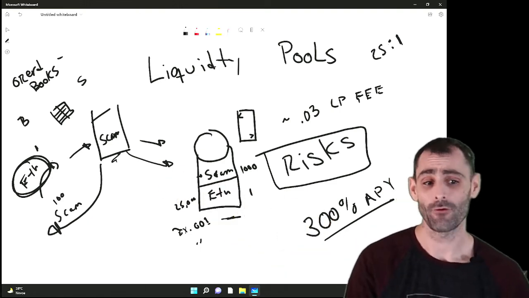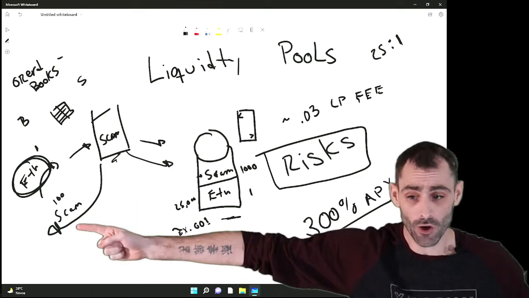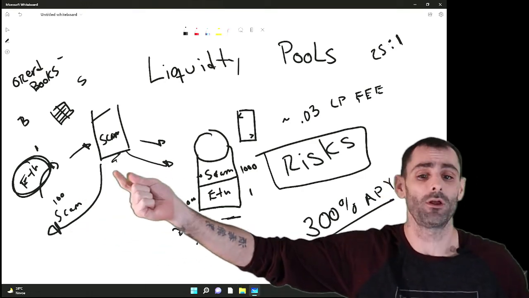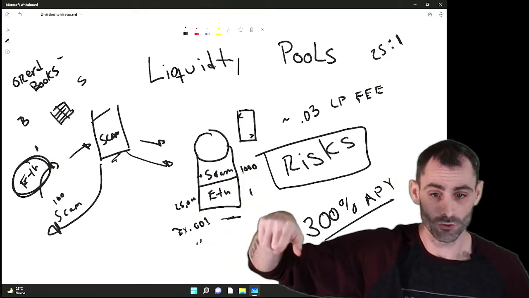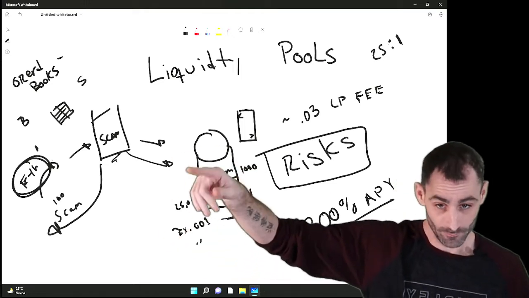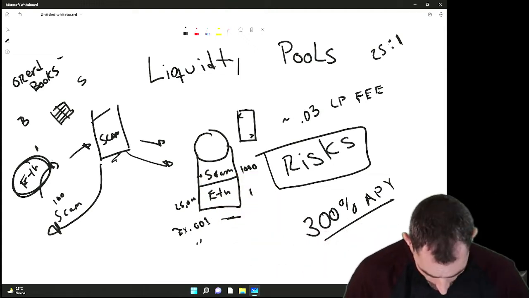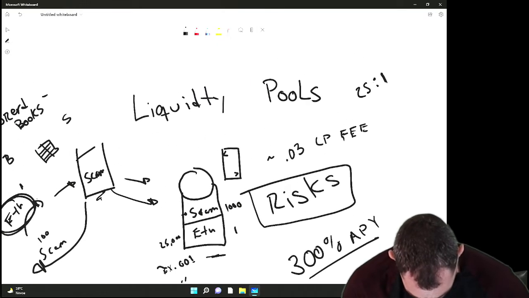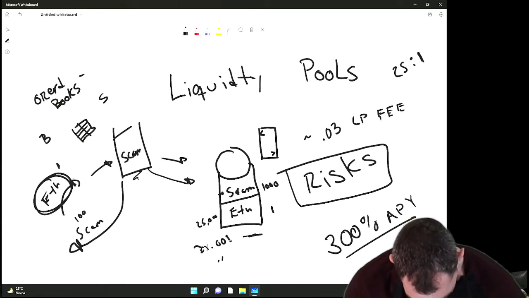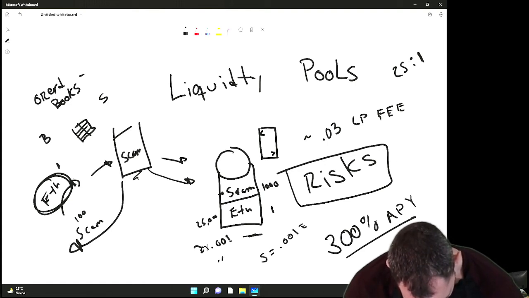All right. I have created this liquidity pool. He can go sell his Scamcoins to this pool if he wants, but he's selling them at a rate where inside the pool, the true cost is one scam coin equal to 0.001 ETH.